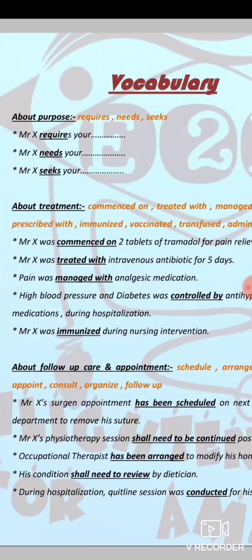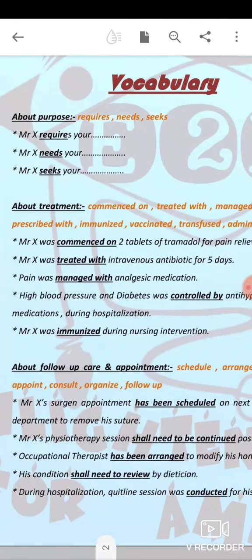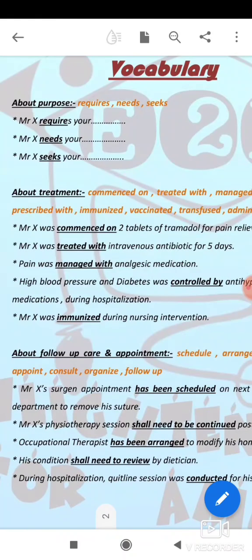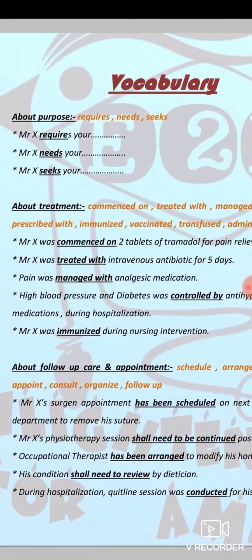Second, we can go with needs. You can use needs when the patient needs something about guidelines, about instructions, or his suture has to be removed. In those cases you can go with Mr. X needs. Now we'll go with examples so it may be clearer how to use needs.